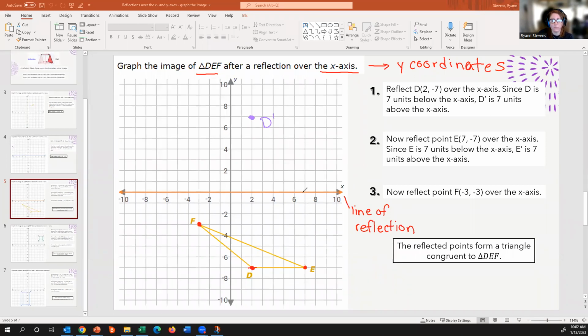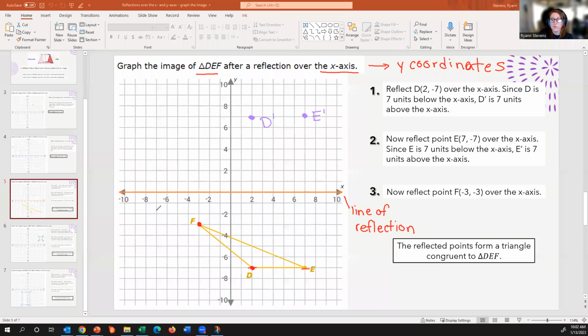From this line of reflection, we are 1, 2, 3, 4, 5, 6, 7 places down as well. So we go the opposite way, exactly 7 places up for our mirror image. So this would be E. Again, I'm going to erase all of this so we can continue reflecting these points.